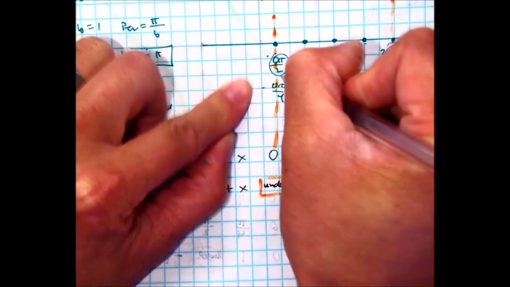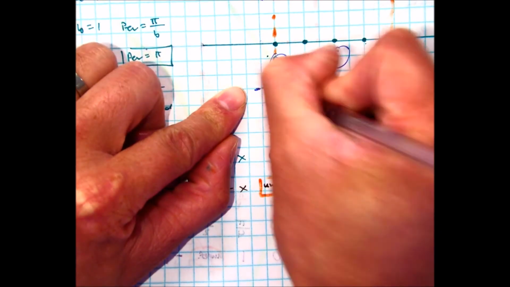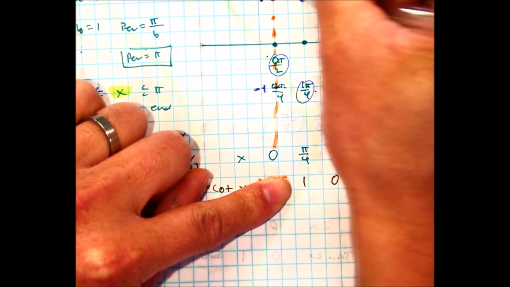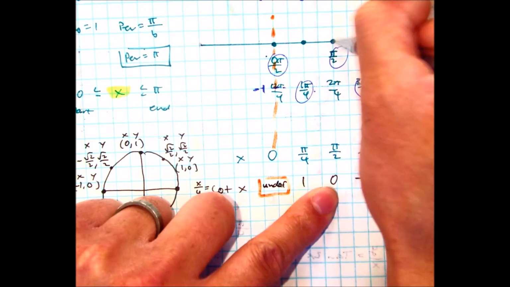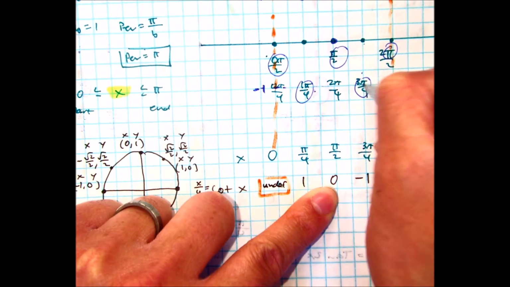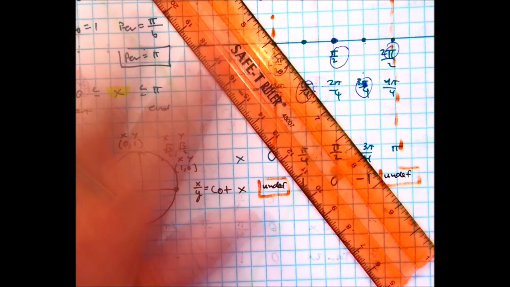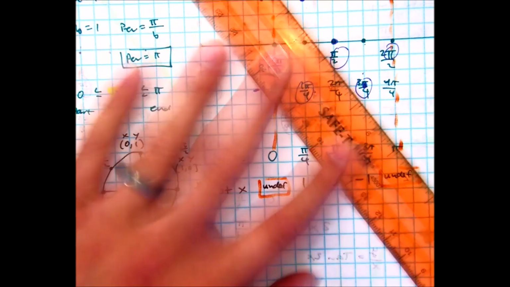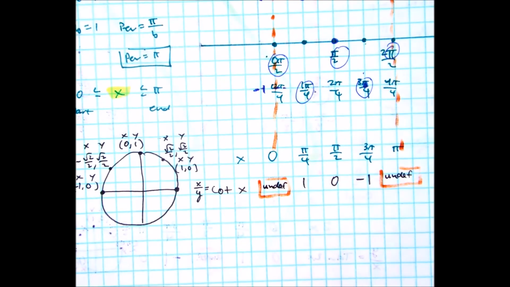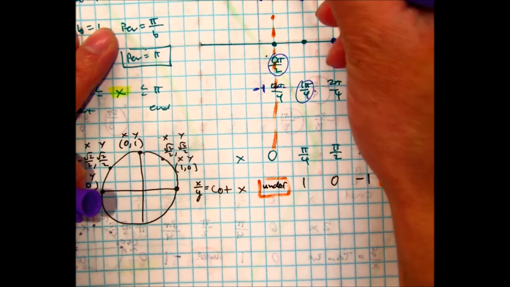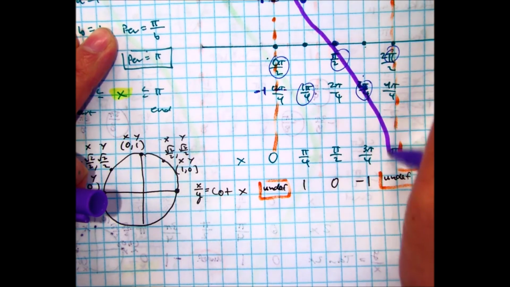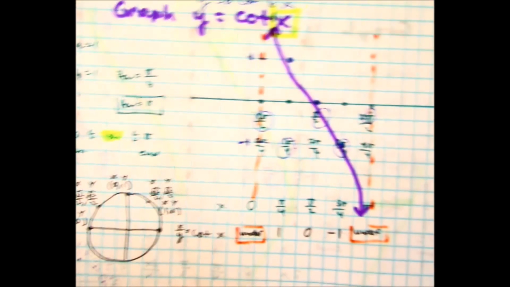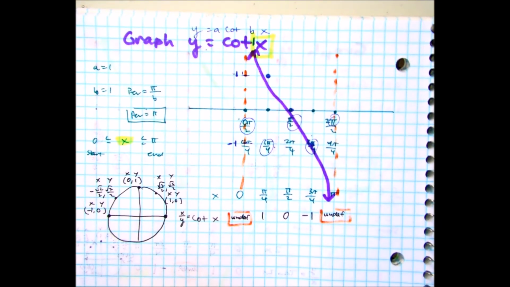Just label it 1, 3 boxes for negative 1, and here at 1, 0, and negative 1. And hopefully you also saw it just like tangent. Cotangent has those 3 dots in a line. And I go back. Backwards looking snake. Raise your hand if your graph looks like that.